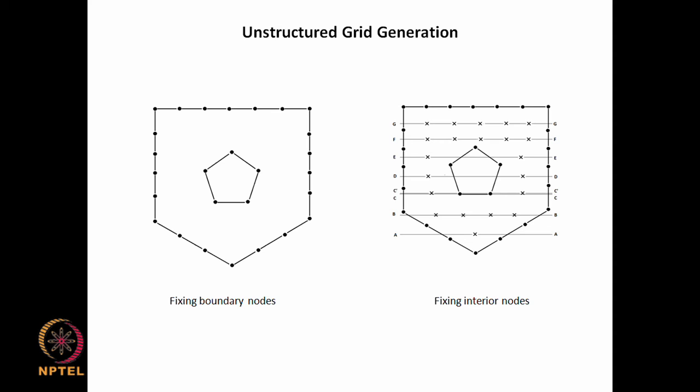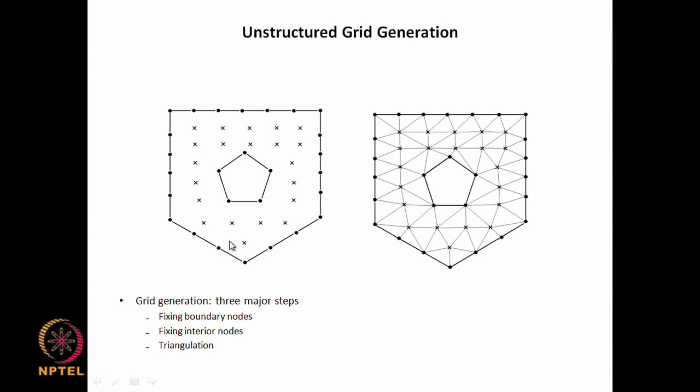And once you have that kind of distance, and once you have a representation of the boundaries and the boundary nodes, then you can go through this kind of exercise to get all the internal points. Okay. So, once you have all the internal points, you have got something like this.